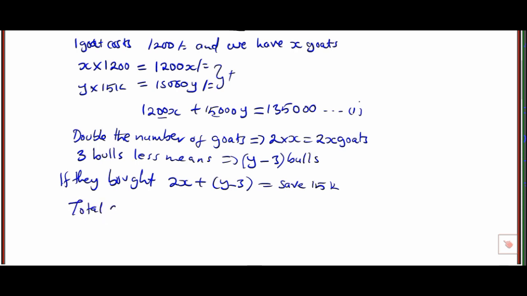Now the total cost, if they double the number of goats and then reduce the number of bulls by 3, will be: you take the number of goats times 1,200 because one goat is 1,200, and then you add (y minus 3) times 15k or 15,000, and this one will now be the total cost.